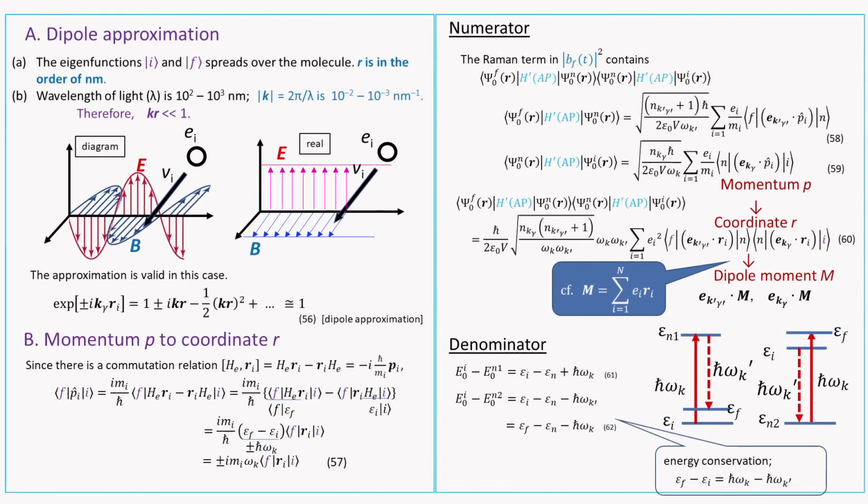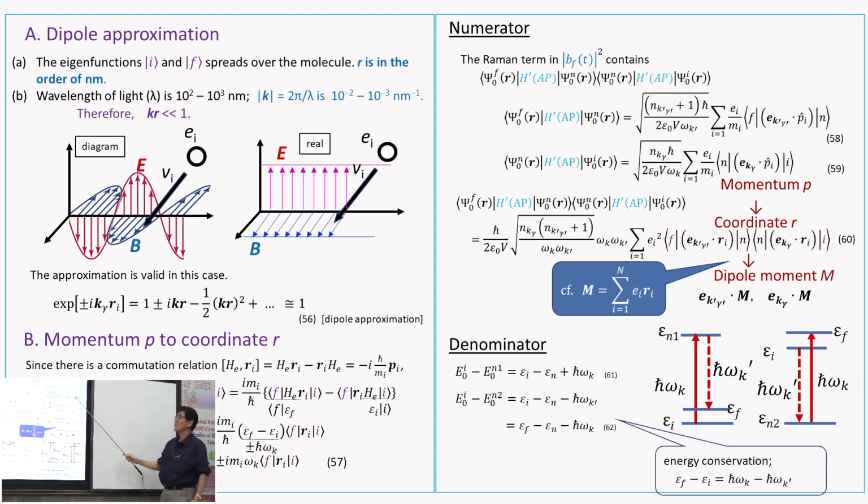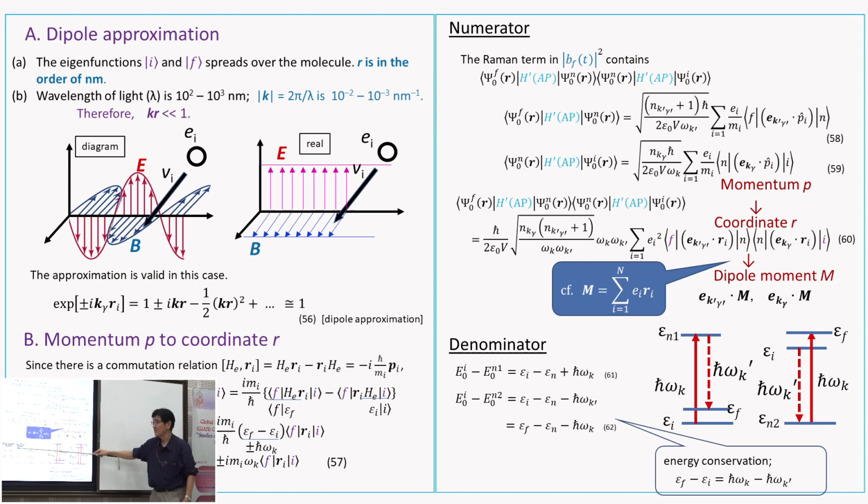About the numerator, we can replace momentum operator with coordinate r, and coordinate r is written in terms of the dipole moment m. On the other hand, the denominator can be written in this way.